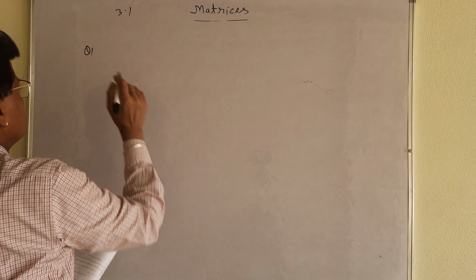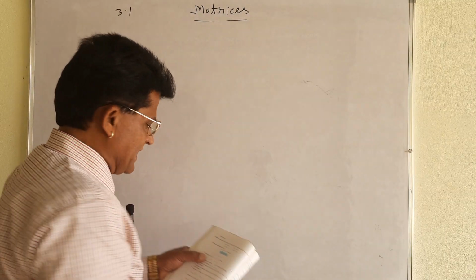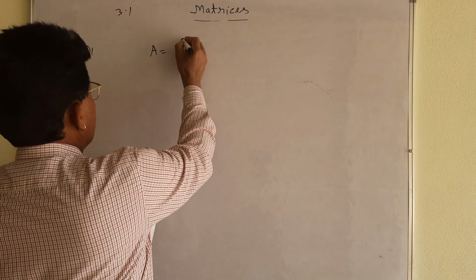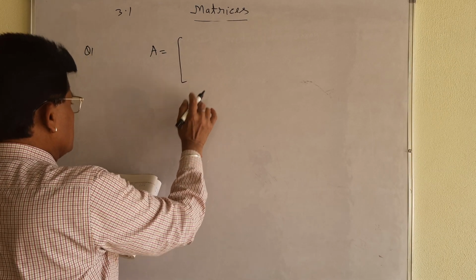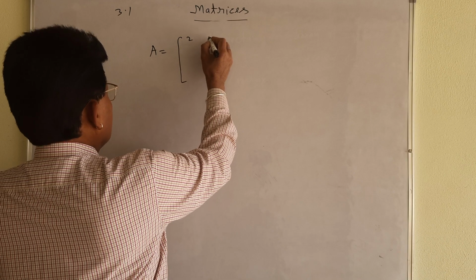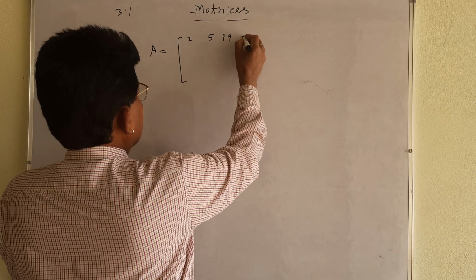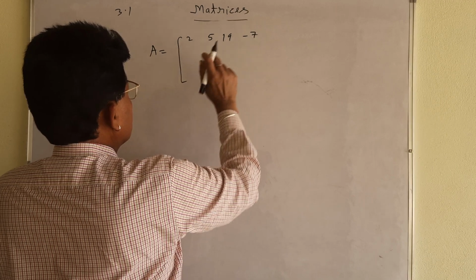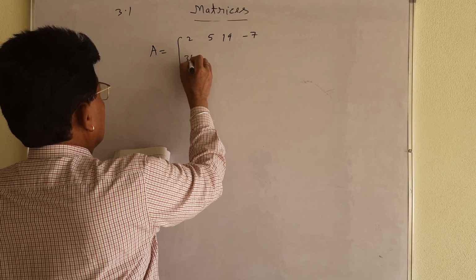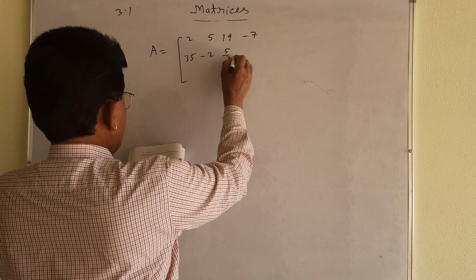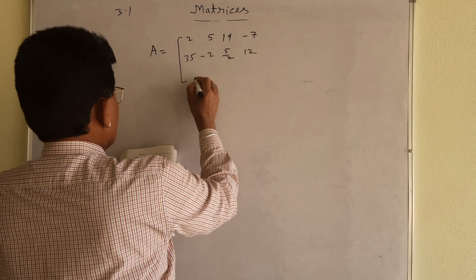You can see it in your book. The matrix is given. I am not going to write the whole question because it will take a lot of time. I am writing here 2, 5, 19 and minus 7. This is the first row of this matrix. Second row: 35, minus 2, 5 by 2, or 12.